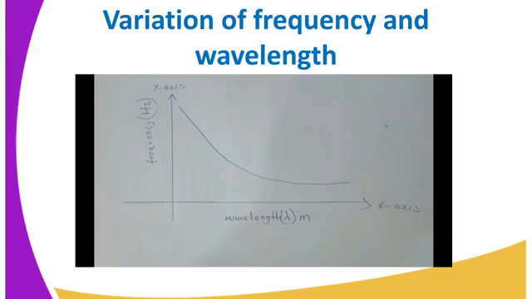Using a graph, when we plot frequency against wavelength, we have frequency on the y-axis and wavelength on the x-axis. Comparing the two, we obtain the sketch of the graph as we can see. So that is the sketch of the graph that we obtain when plotting frequency against wavelength.